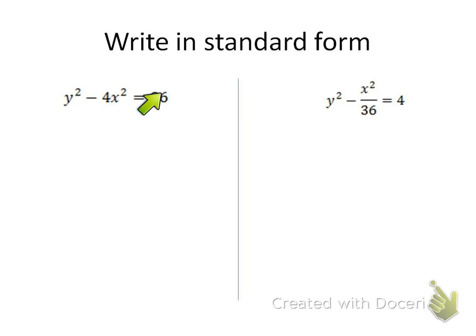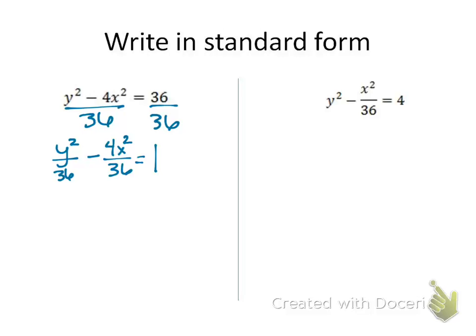So in order for this side to equal 1, I have to divide both sides by 36. To reduce this fraction, 4 goes into 36 9 times. So the ending answer for this will be y squared over 36 minus x squared over 9 equals 1.